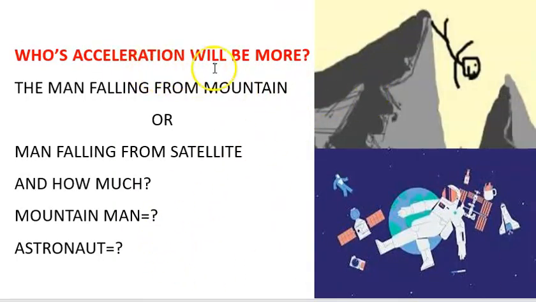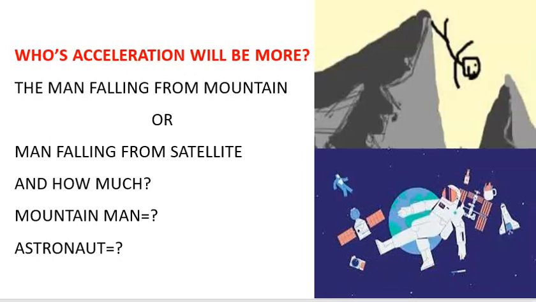Whose acceleration will be more? The man falling from the mountain or the man falling from the satellite?